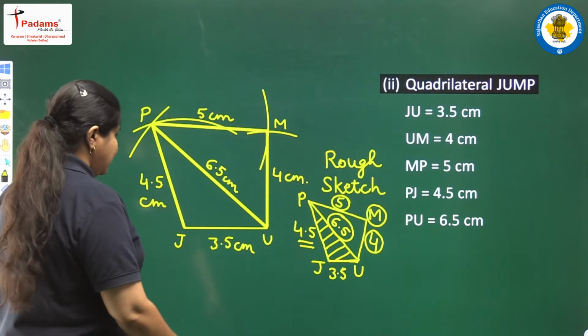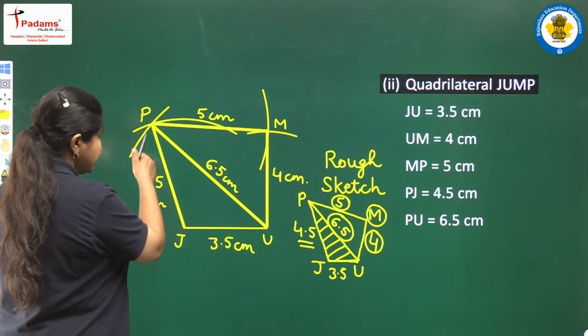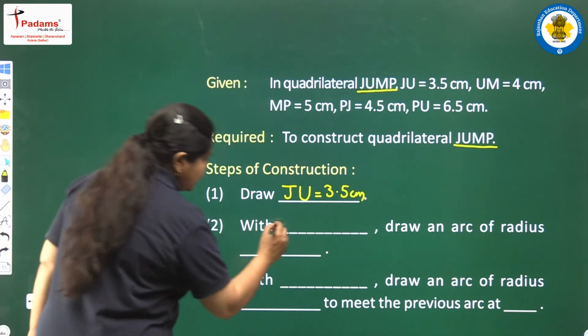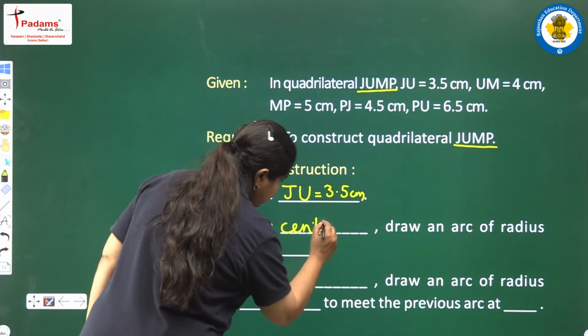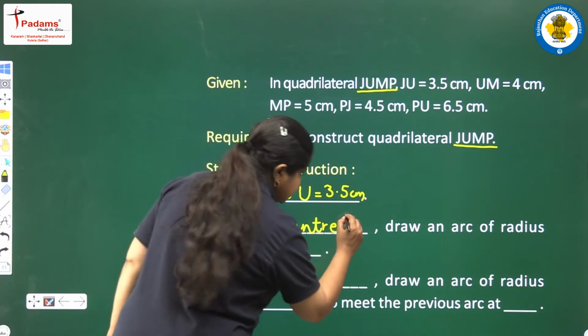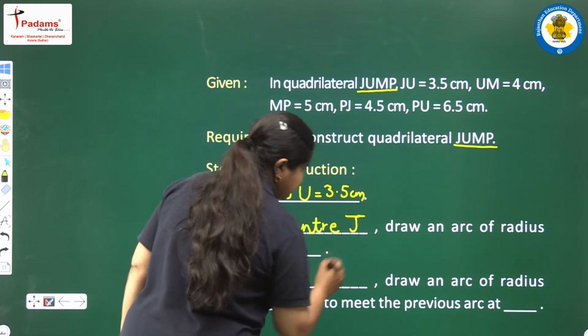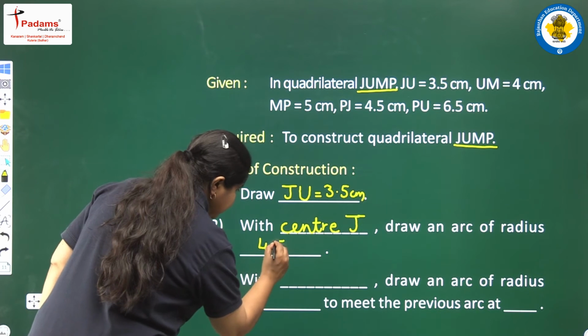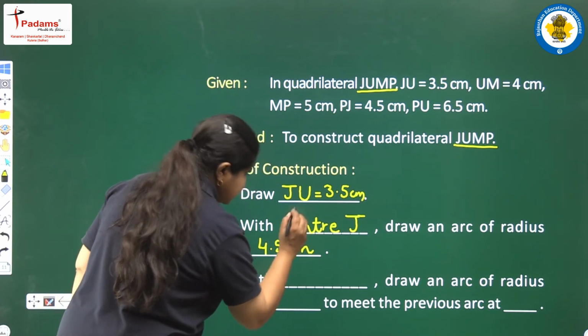Then with J as center and radius 4.5 centimeters, draw an arc. So, with center J, or you can write with J as center, both are correct. With center J, draw an arc of radius 4.5 centimeters.